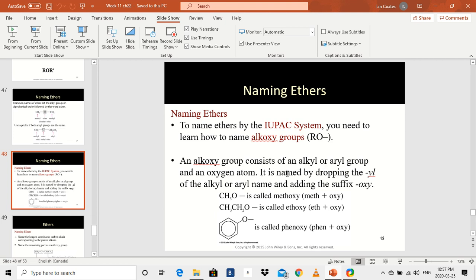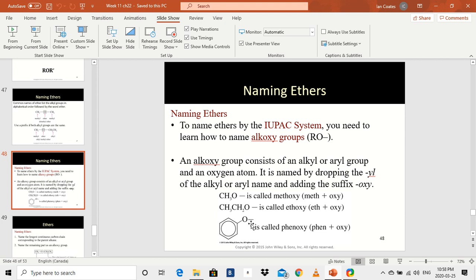It is named by dropping the -yl and adding -oxy. Doesn't make any sense right now, we'll get there. So here we've got methoxy. This one here, let's call it ethoxy. This is only for ethers. The key to naming an ether is you need oxy.